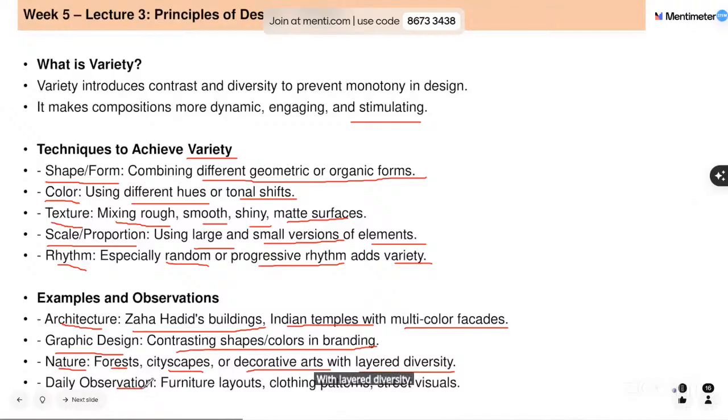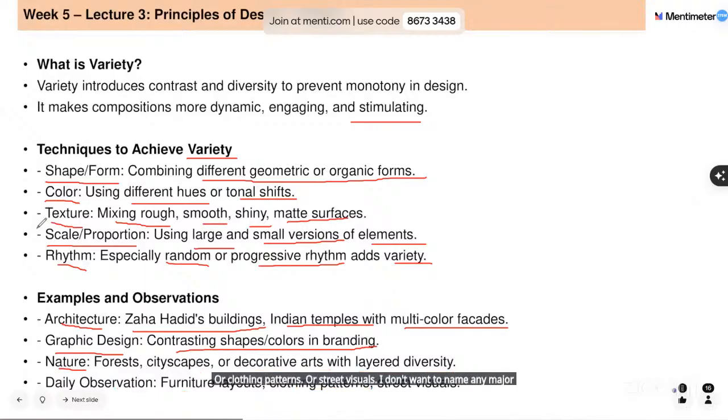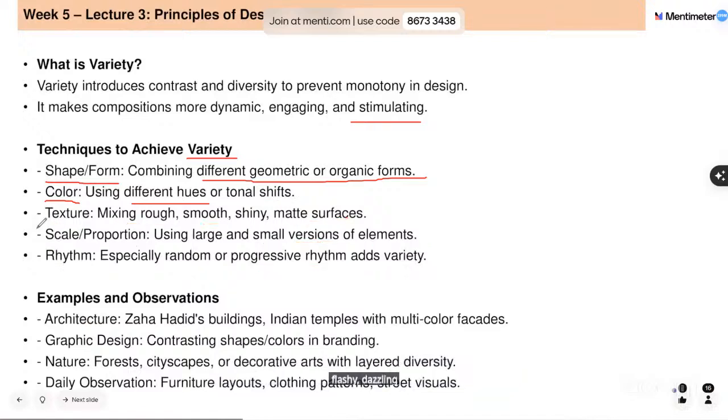And in our day-to-day life, you can see furniture layouts or clothing patterns or street visuals. I don't want to name any major celebrity, but you can see the flashy, dazzling outfits some celebrities wear, which have variety in terms of color as well as texture.